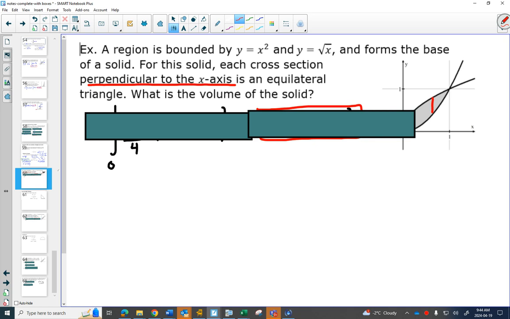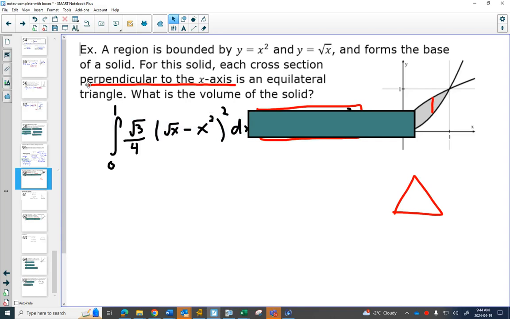If I took that little red thing out and turned it sideways, it would be a perfect equilateral triangle. The area of that triangle was root 3 over 4 s squared, and this length right there will be our top graph, the square root of x, minus our bottom graph, x squared. That's going to be your side length, and that gets squared.